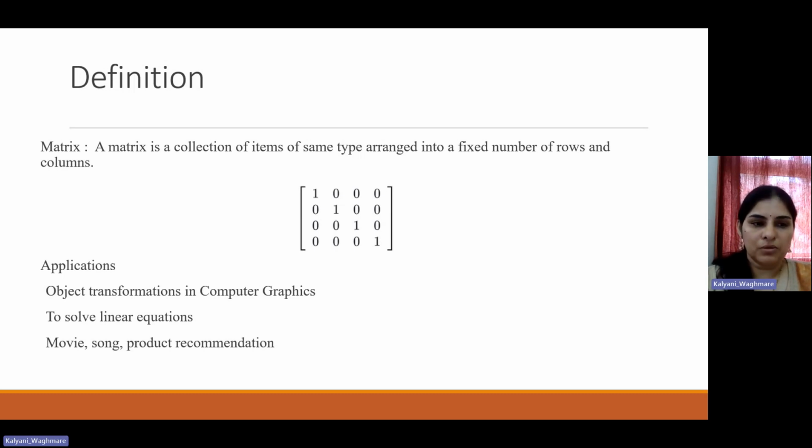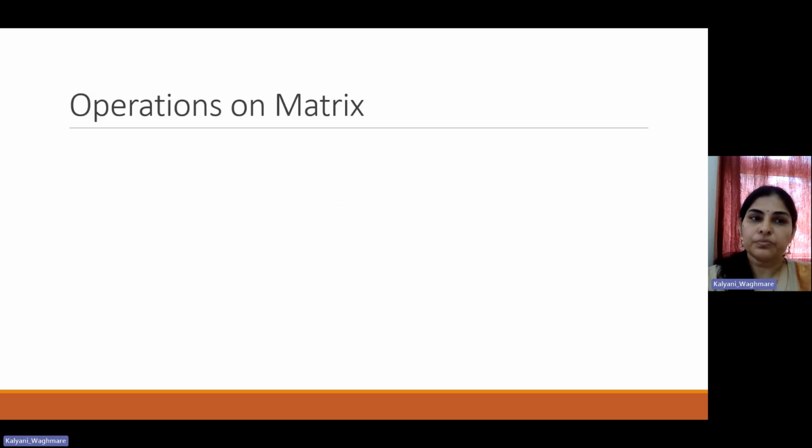For every ith row and jth column, a rating will be stored, which is given by the ith user for the jth movie, song, or product. This way, in day-to-day life, we can efficiently make use of matrix to solve our problems.